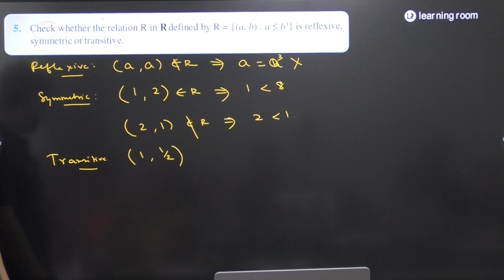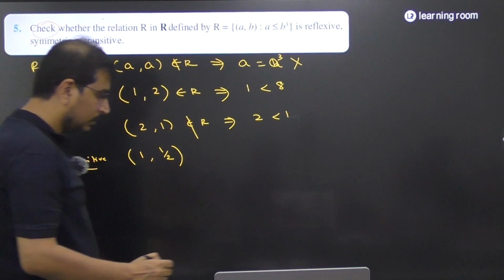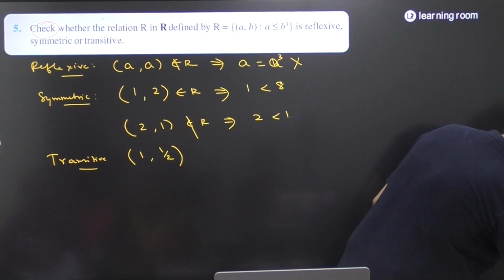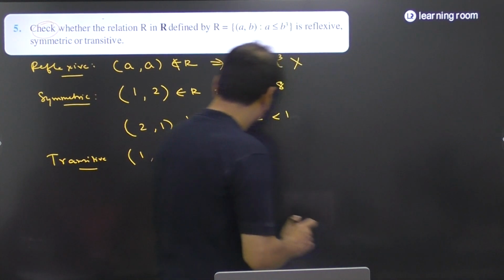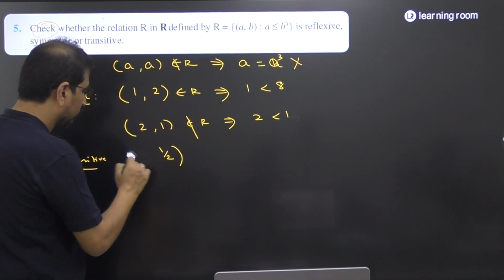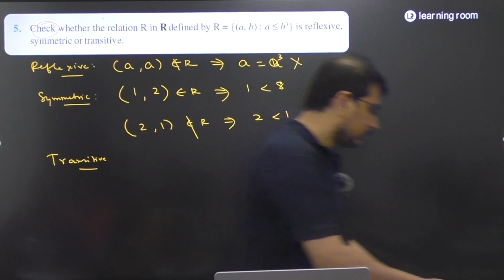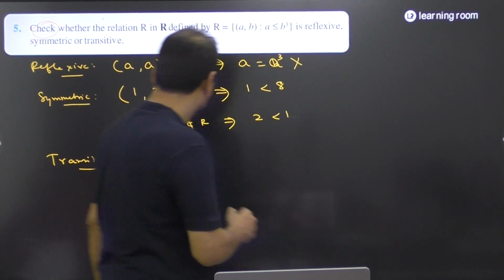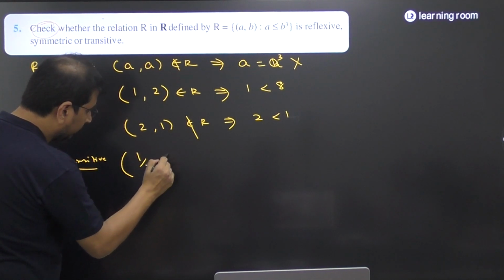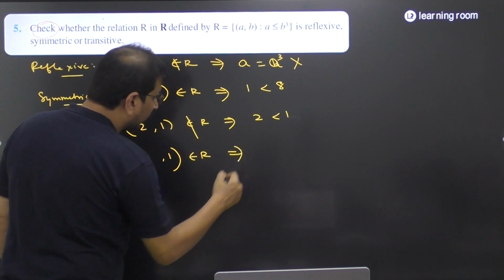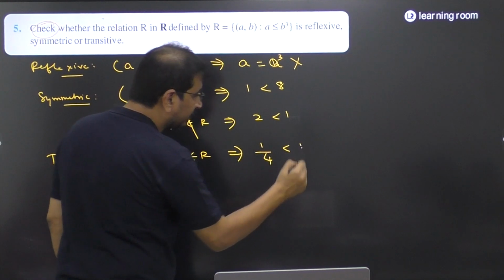Maybe (half, 1) we can write. So (half, 1) belongs to R. So what does it imply? 1 by 4 is less than 1.